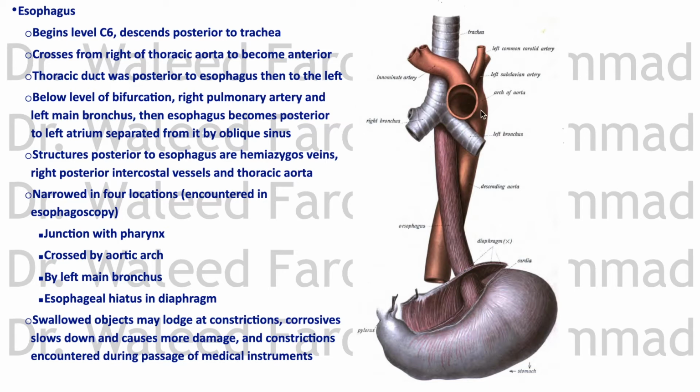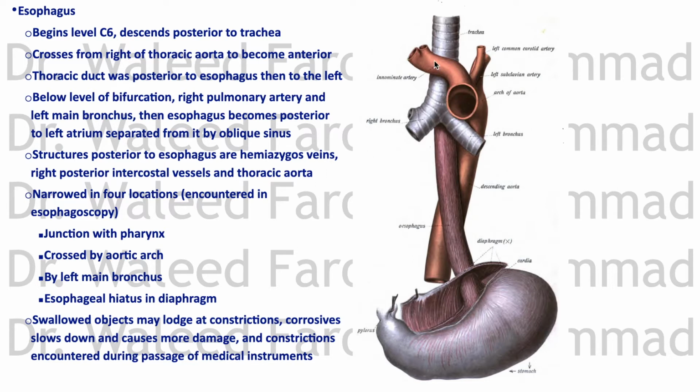This is because of structures pressing on the esophagus or crossing the esophagus. First, for example, the junction with the pharynx. This is a narrow area because it's the location of the upper esophageal sphincter, which is the cricopharyngeus muscle. Then where it's crossed by the aortic arch.